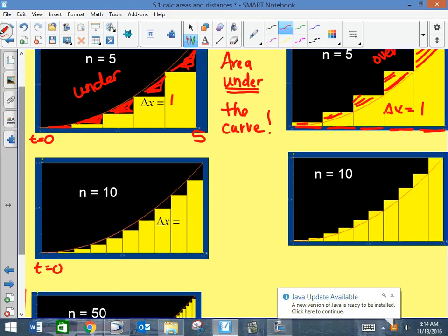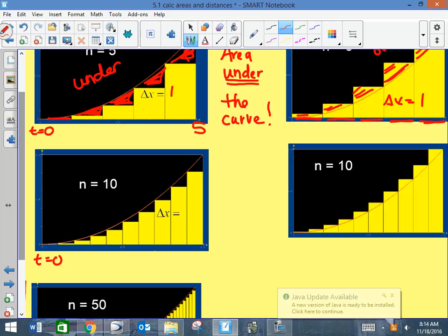Now let's look down here and say, oh wait, let's go to 10. N means how many rectangles I've got. What do you notice first about when n equals 10 about the area that we're looking for? Are we closer or further away from it? We're closer because we made our rectangles smaller.